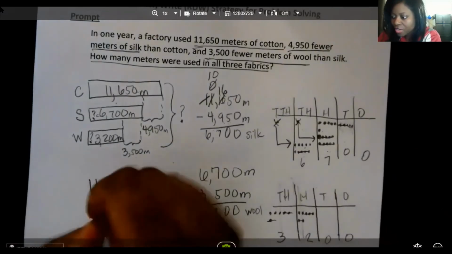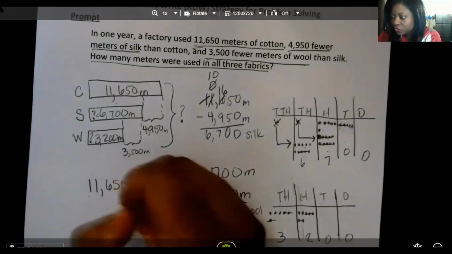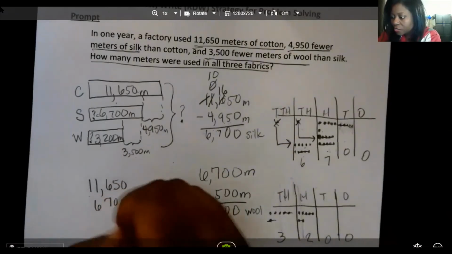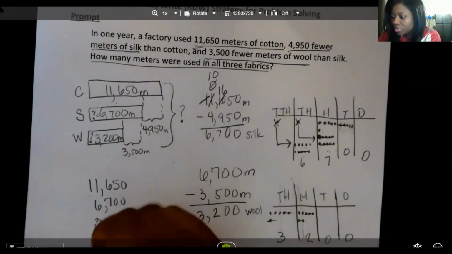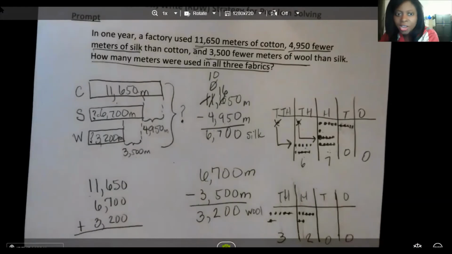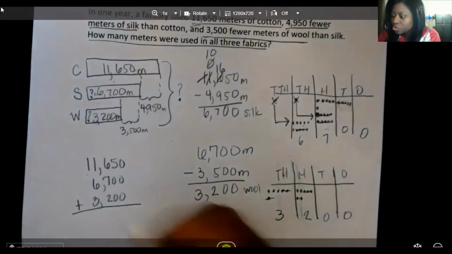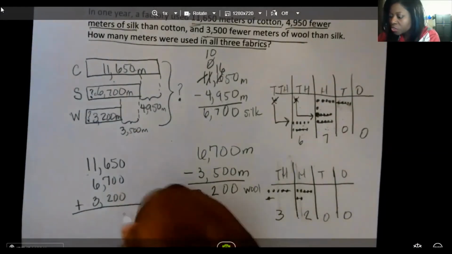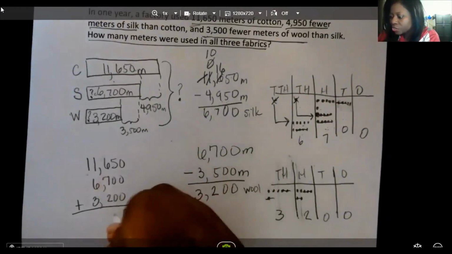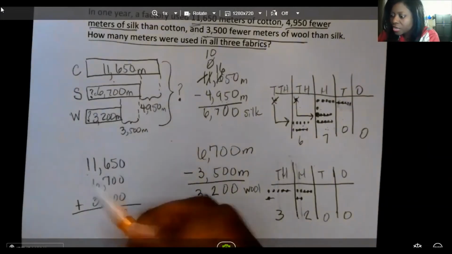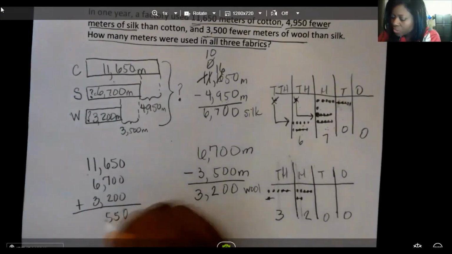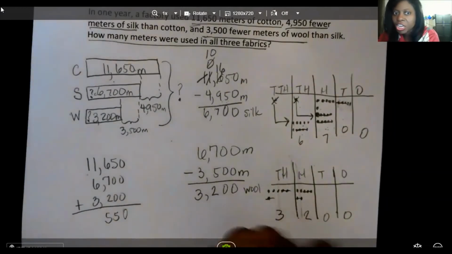So we have 11,650 plus 6,700 plus 3,200. Now I can figure it out. So 0 ones equals 0 ones. 5 tens plus the other tens is 5 tens. Our hundreds, we have 15 hundreds.